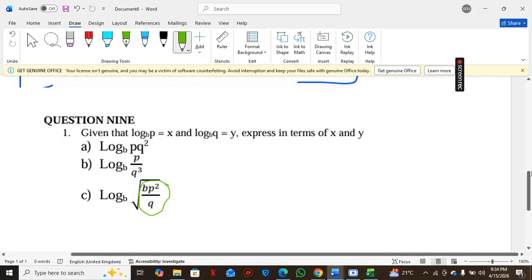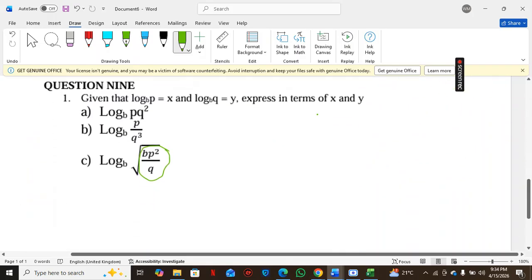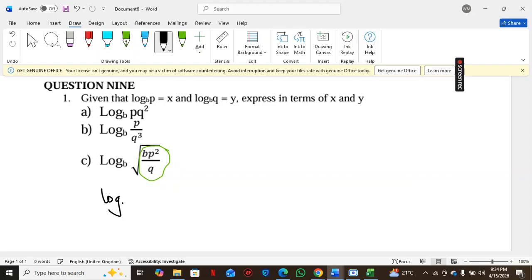So this should be best simplified to log base b of the square root of b over q, multiplied by the square root of p squared.